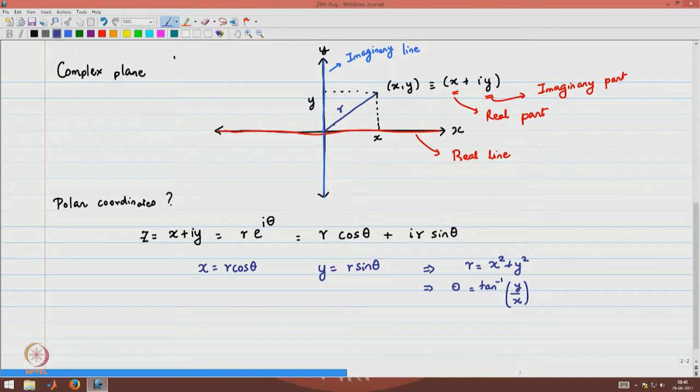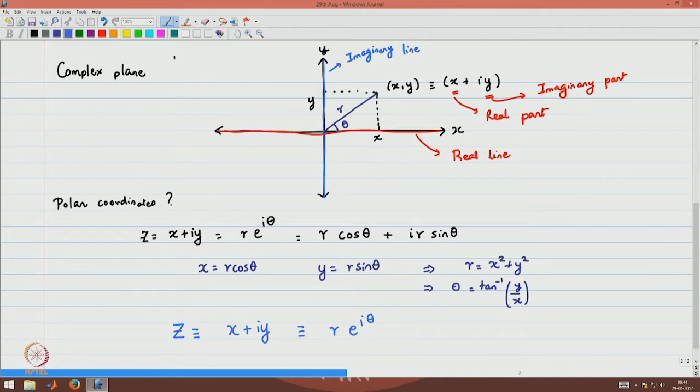So this is my r, this is my theta. So you can use polar coordinates, and you can write your complex variable as r e to the i theta. So just to summarize, I can write my complex variable as x plus i y, or I can equivalently write it as r e to the i theta.